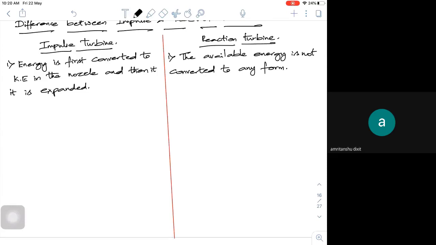But in impulse, complete conversion to kinetic energy takes place.